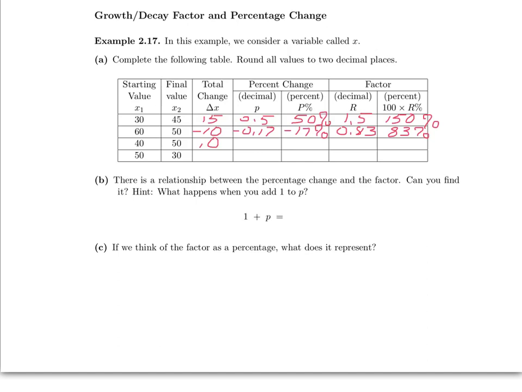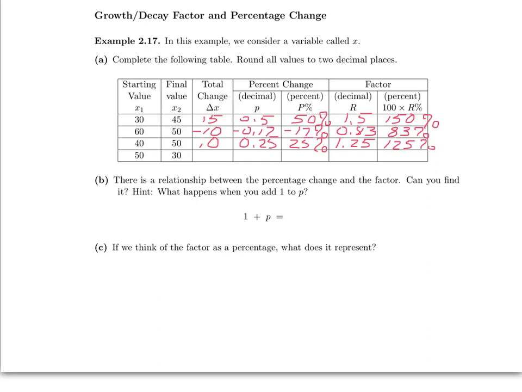When I do this, I arrive at 0.25 or 25%. The factor is found by taking the final value and dividing by the starting value. In this case, we arrive at 1.25 or 125%.